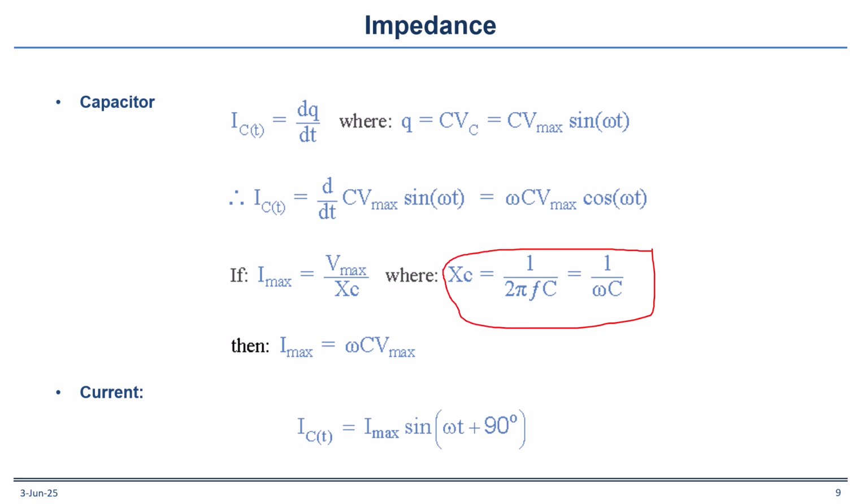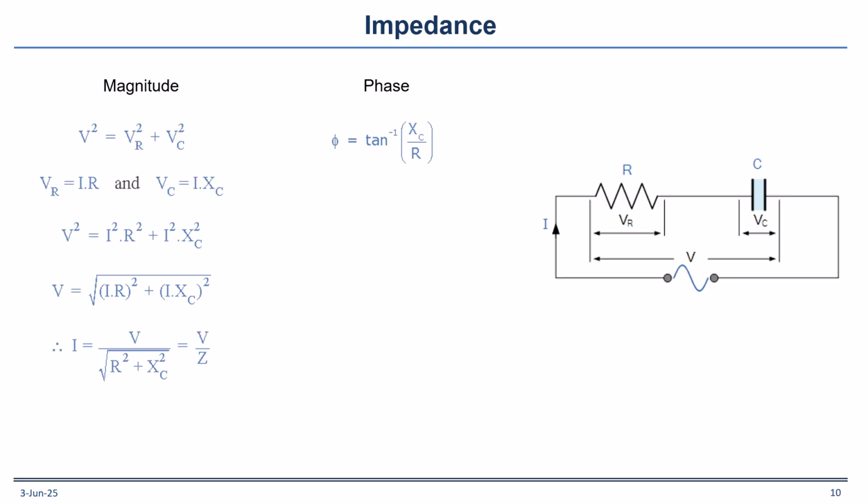If we want to find the current, because you know Ohm's law, we divide the voltage by the resistor or here by the reactance. As the value of Z or reactance decreases, the current changes, V divided by Z.